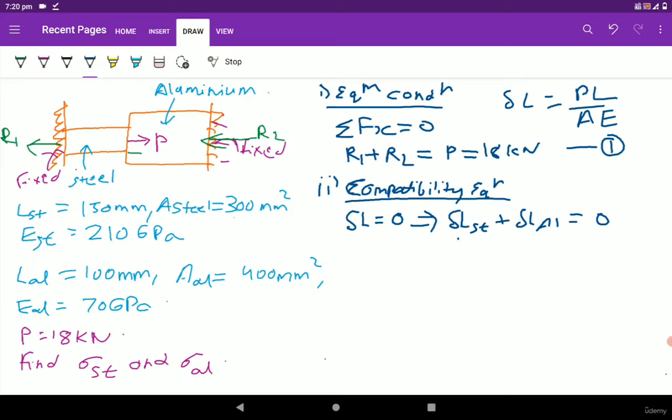So we can write P steel, L steel upon A steel multiplied by Young's modulus of steel, plus P aluminum multiplied by length of aluminum divided by area of aluminum multiplied by the Young's modulus of aluminum.